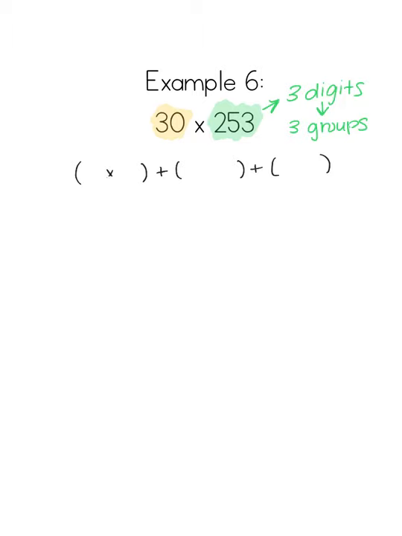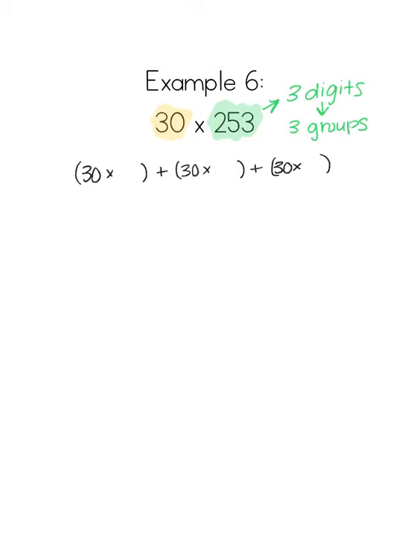Okay, first things first. We need to decide which number we're going to keep and which number we're going to break up. We're going to keep the number 30 because it ends in 0, and we're going to break up the number 253. We know that 253 has 3 digits, so it gets broken up into 3 groups. Each of those groups will have the number 30.